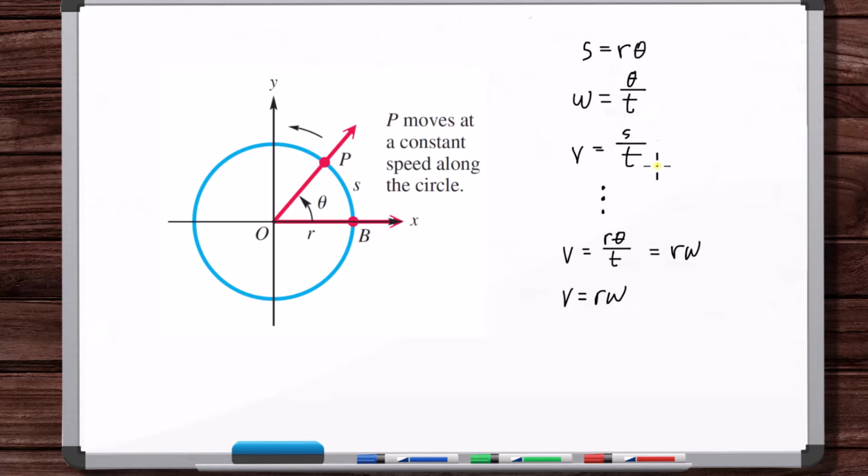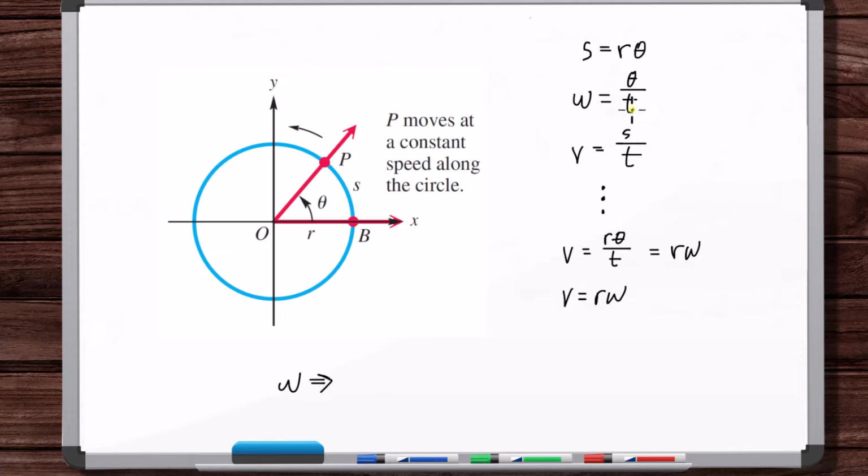Now, whenever you're working a word problem on something like this, it's helpful to keep the units of these in mind. So, okay, the angular velocity, if you're in radians, theta is radians.